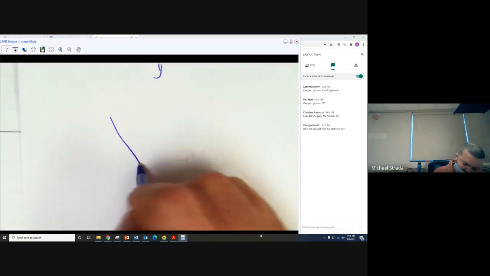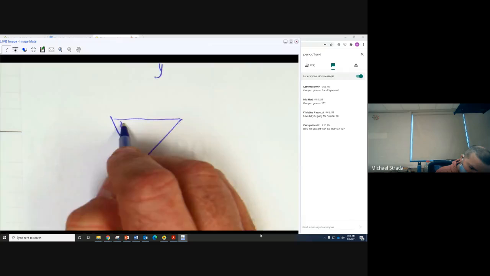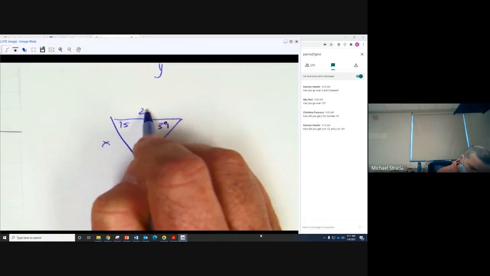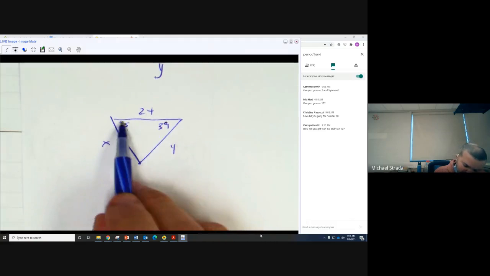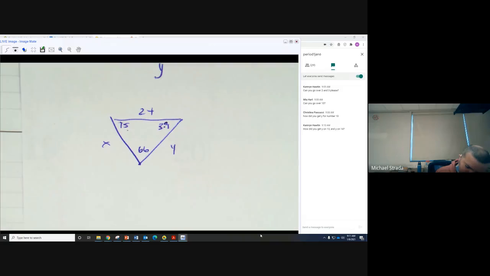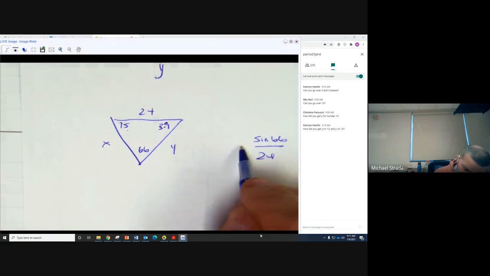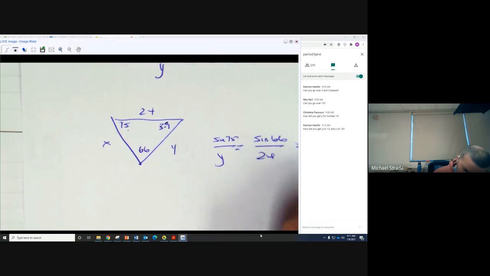For 13, to get y, I got 75 and 39, x and y, and the 24. If I add these up, 75 and 39 is 114. Subtract that from 180, I get 66. So the sine of 66 over 24 is going to go in the middle, equals the sine of 75 over y, equals the sine of 39 over x.